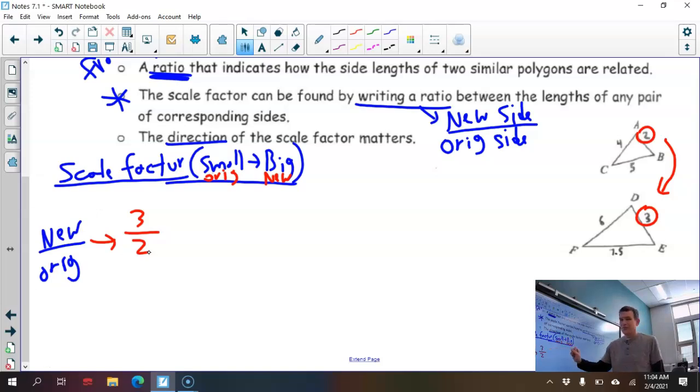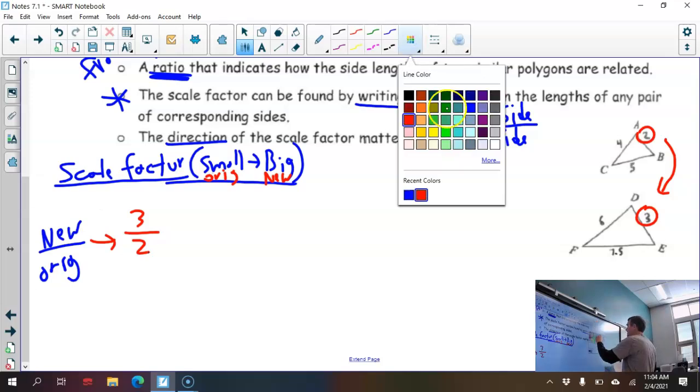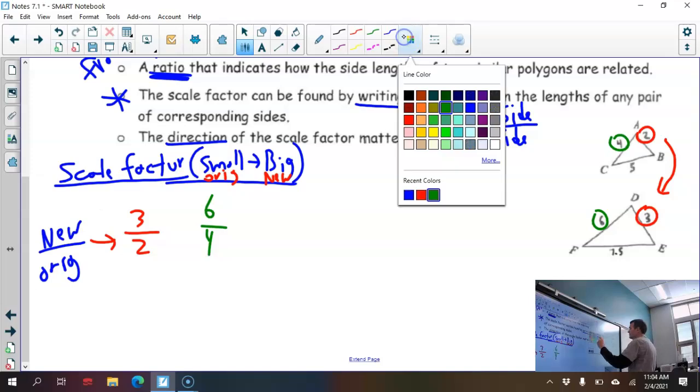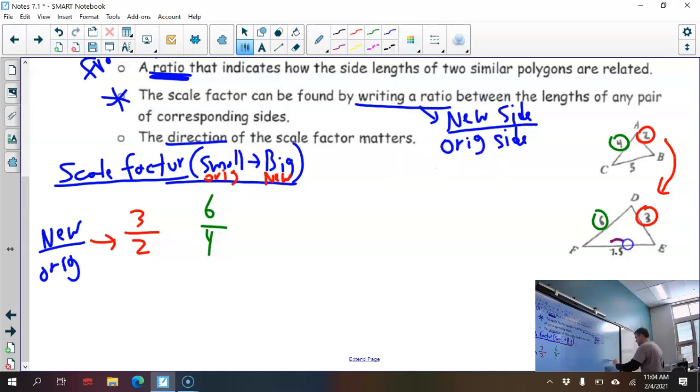The new side, 3, over the original side, 2. Or I could use a different pair of sides, right? I could use the 4 and the 6, and it would be 6 over 4. Or I could use the 7.5 and the 5, and it would be 7.5 over 5.